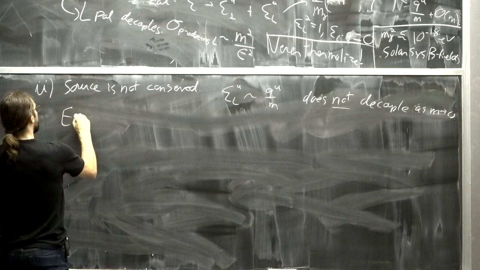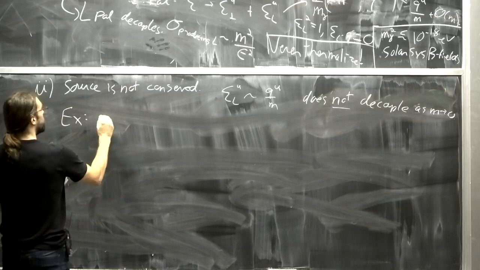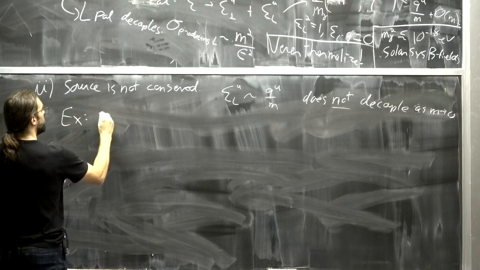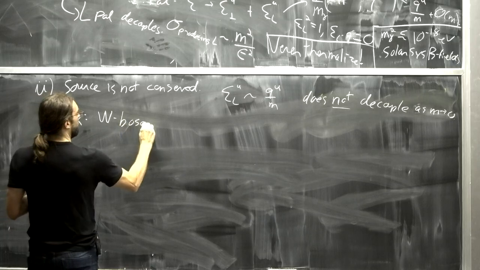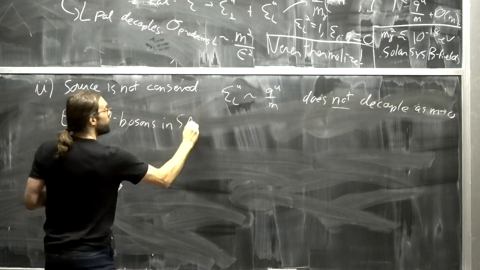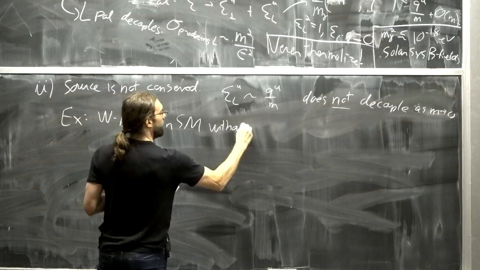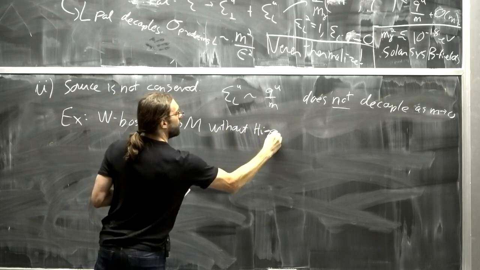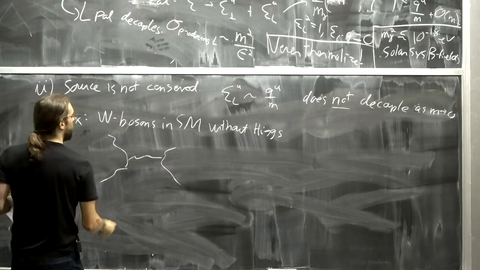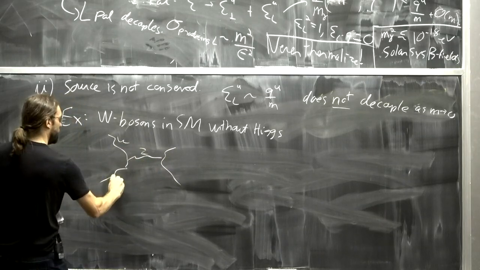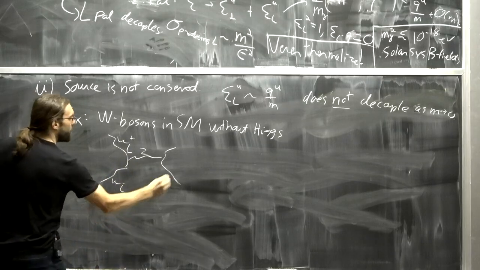One example of this is the W boson in the standard model. It's basically the SU(2) weak of the standard model if you don't have a Higgs particle. Then you have diagrams where the W's can interact with some Z or stuff. Suppose you put them all in longitudinal polarizations.